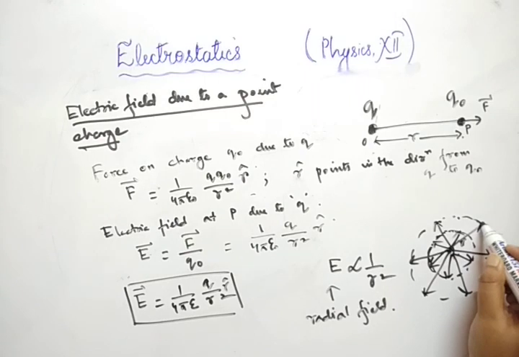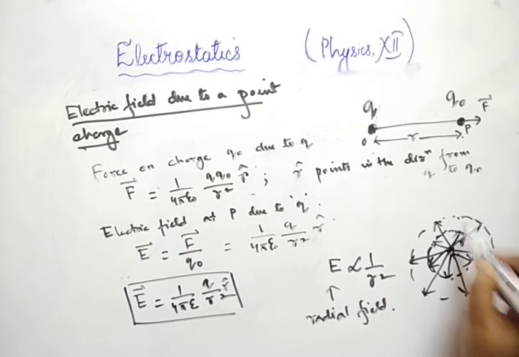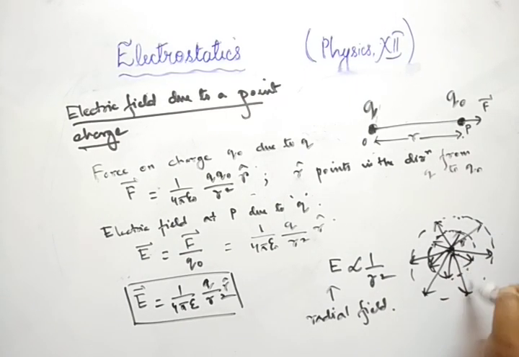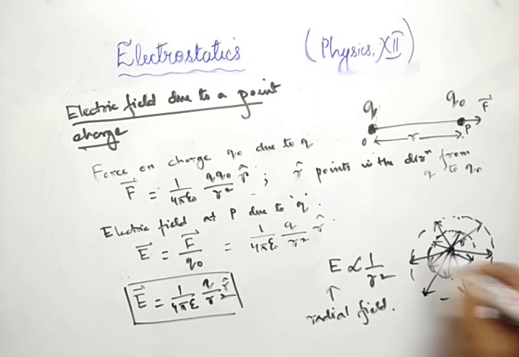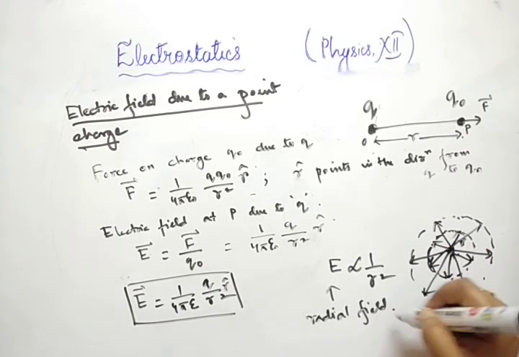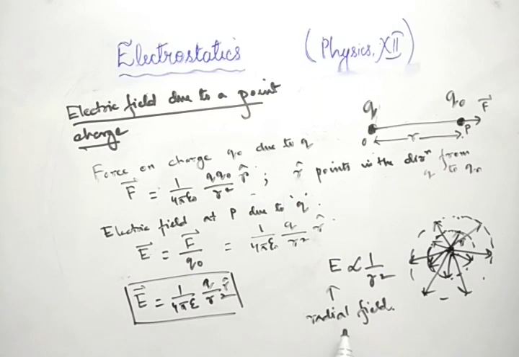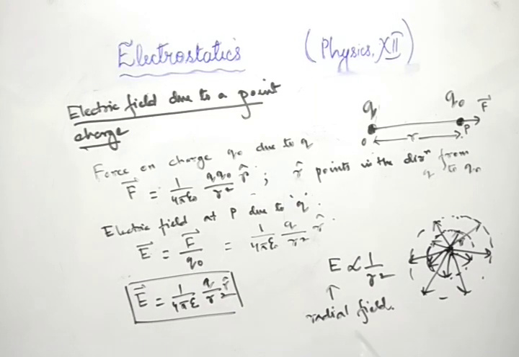At this R, again, it is different, but at the same distance from this Q, electric field's value will be the same. That's why we say that it creates a radial field. So this was electric field due to a point charge.